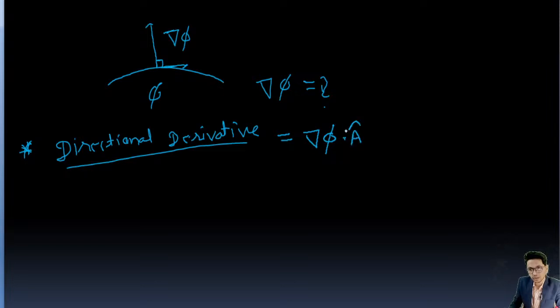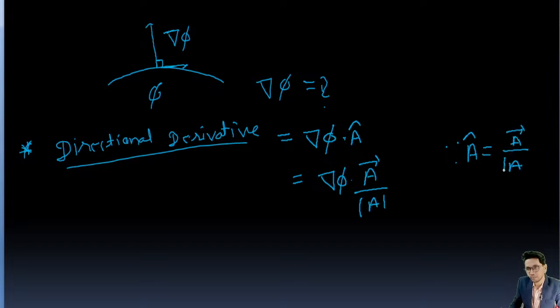Okay, so the directional derivative along any vector A, where A is a vector, is gradient of phi dot a cap, or we can write gradient of phi dot vector A upon mod of vector A, because we know a cap is vector A upon mod A. Okay, guys, so this is the directional derivative.